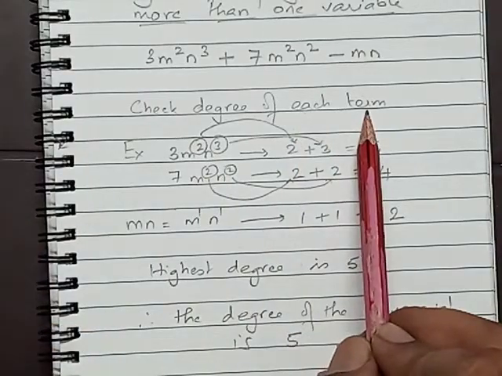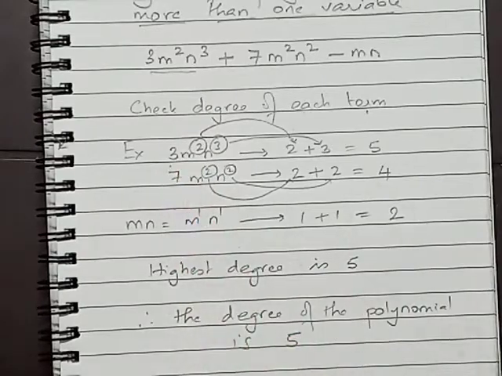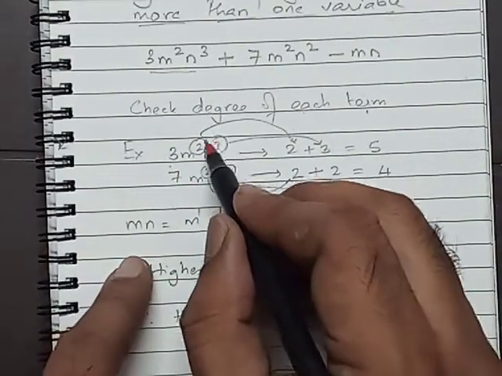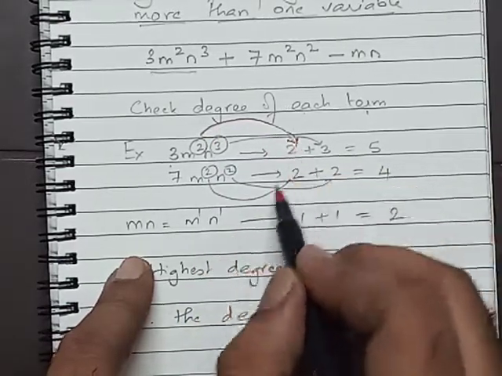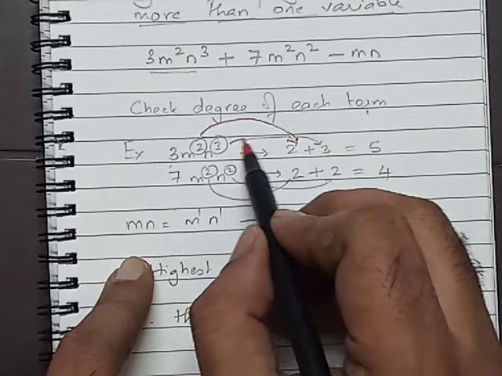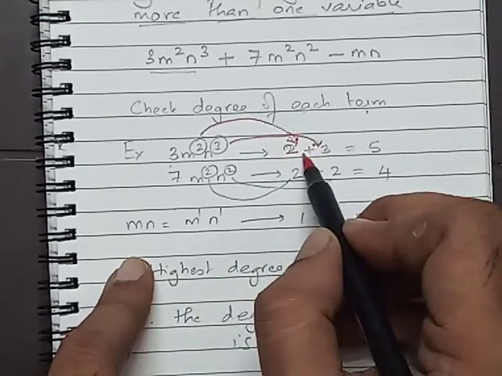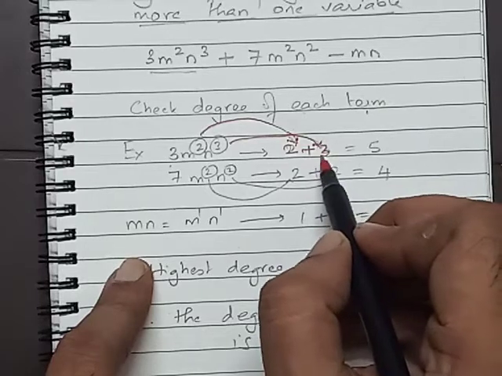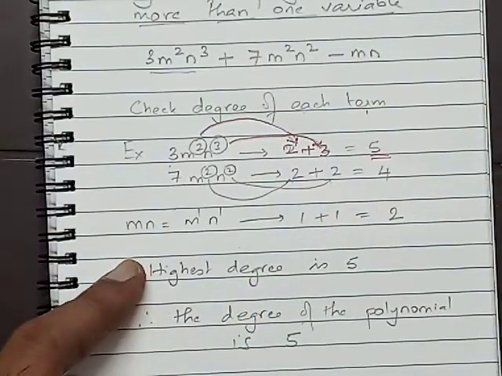Let's take the first term, 3m square n cube. What is the degree of m over here? It is 2. Okay. What is the degree of n over here? It is 3. So 2 plus 3 is equal to 5.